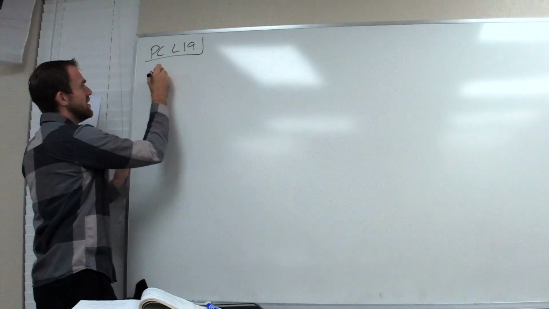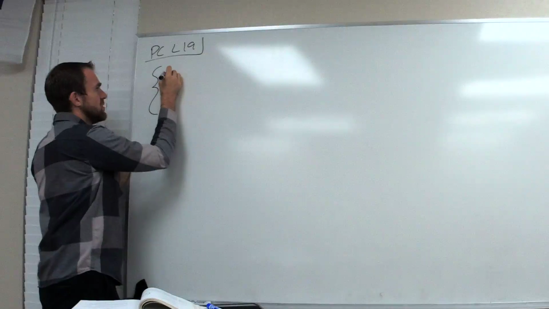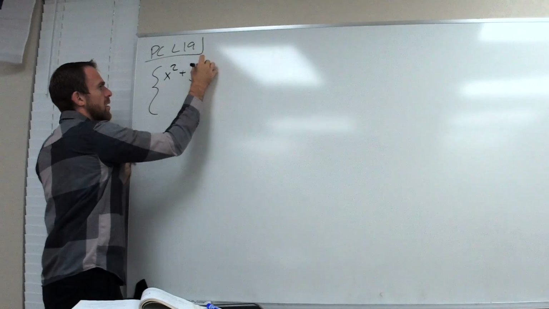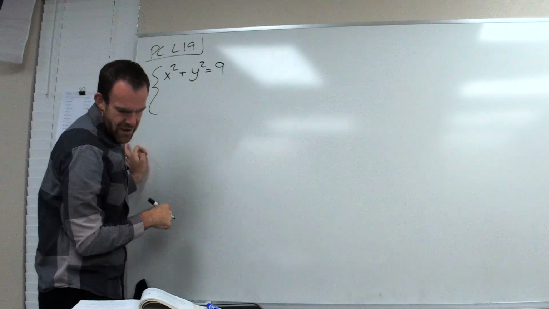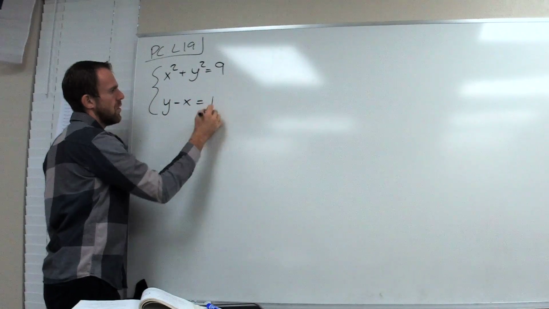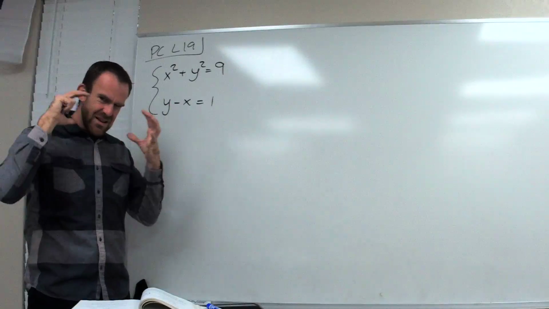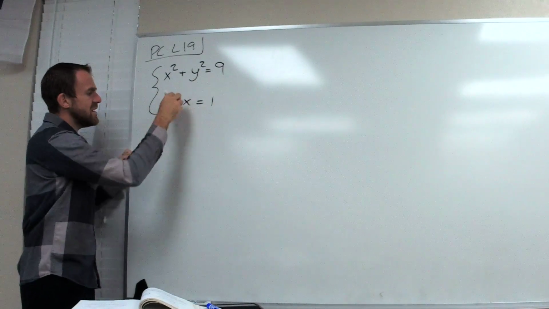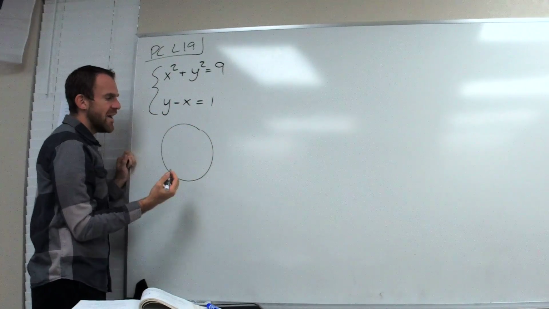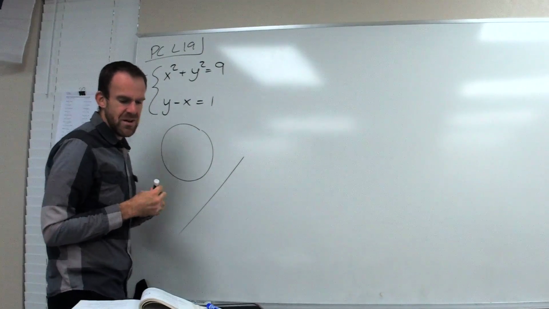How would we solve this problem here? You guys have seen these in Algebra 2 already. We have a circle and we have a line, and we want to find solutions. Just to get us in the mind space, this is a circle. A line could either not cross it at all, which would be a really dumb math problem for them to give you.